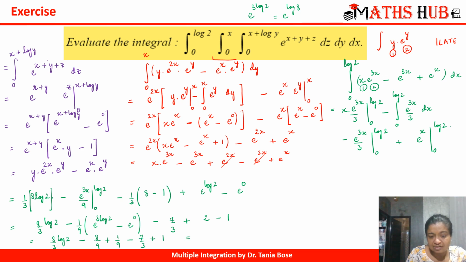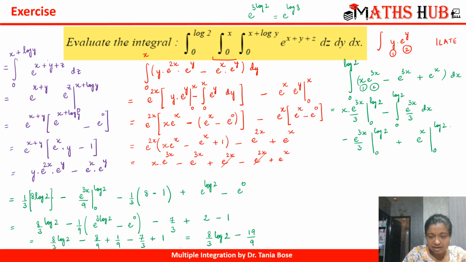So finally this is 8 by 3 log 2. So this finally becomes, when I solve it, minus 19 by 9, right? You can just check the terms.